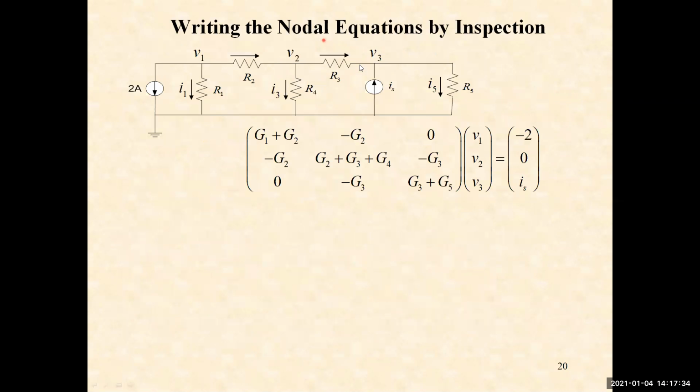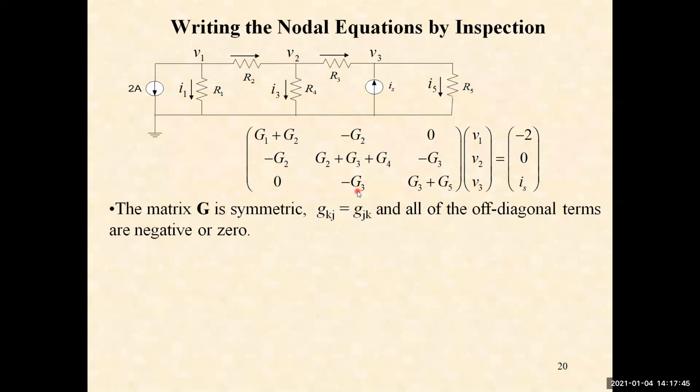By looking at the circuit diagram, we have to write the matrix directly. Understood? By looking at the circuit diagram, it is possible to write it directly. Generally, try to consider here V1 at node 1, what is the G1 here? 1 by R1 is called G1. So node 1 is connected to this element, this element, and this current source.